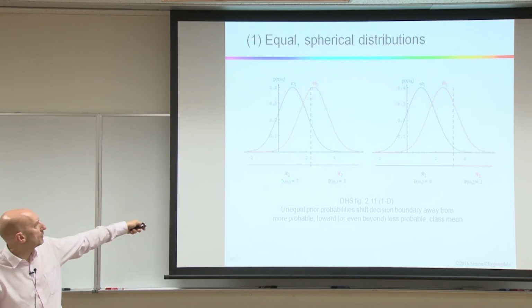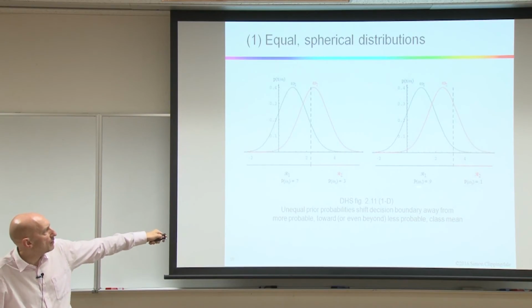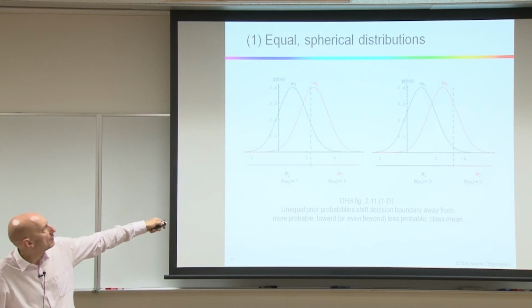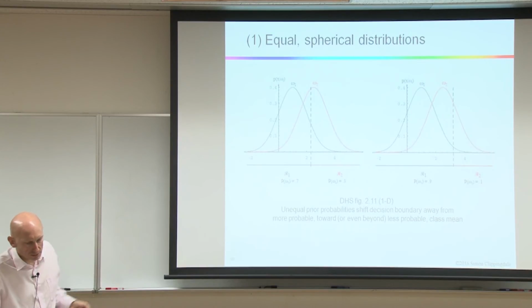In this case, the prior probability of class 1 was 0.7 and class 2 was 0.3. If you go even further, so class 1 is way more likely than class 2, you can actually shift the decision boundary past the peak of class 2 so that your data has to be right up here before you would classify it as class 2. Even if it were to land here, it's still more likely to be class 1 than class 2. Okay.